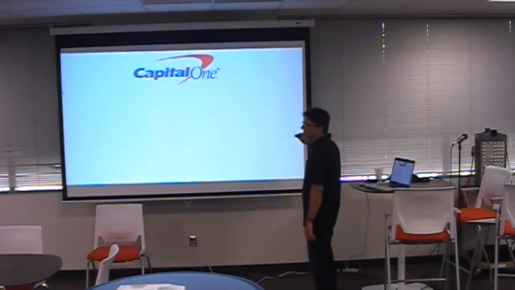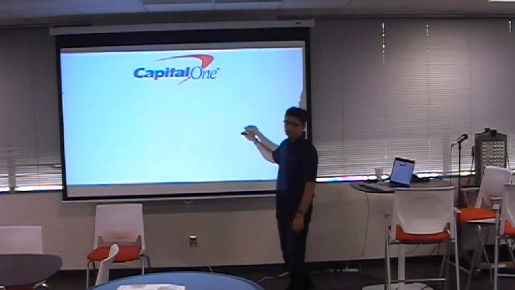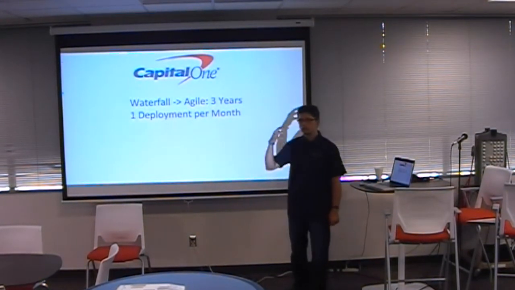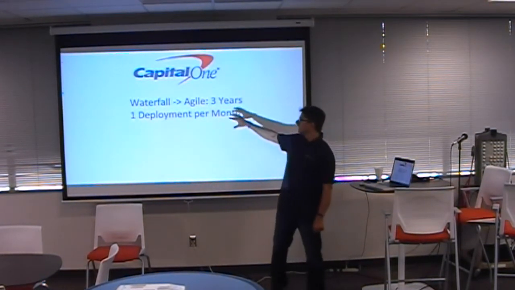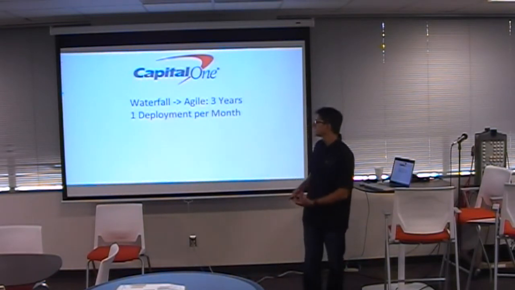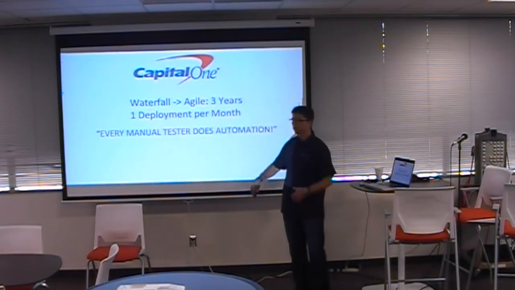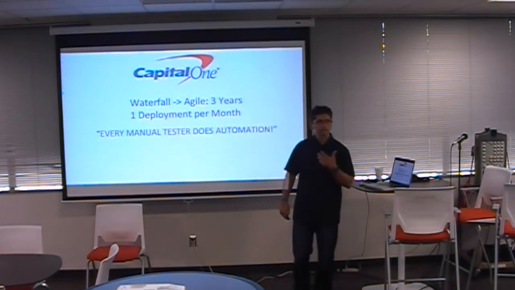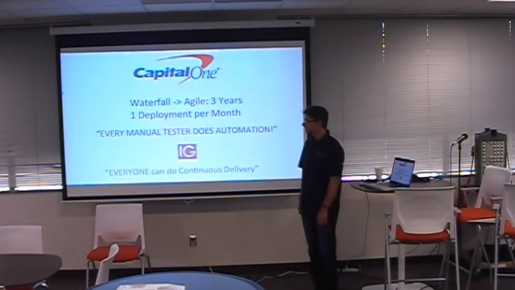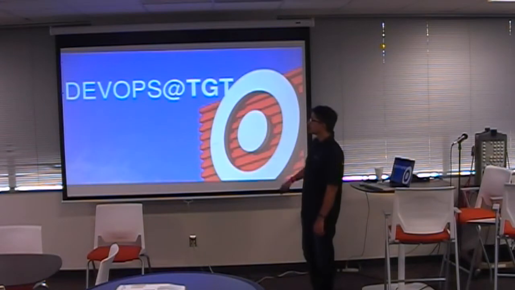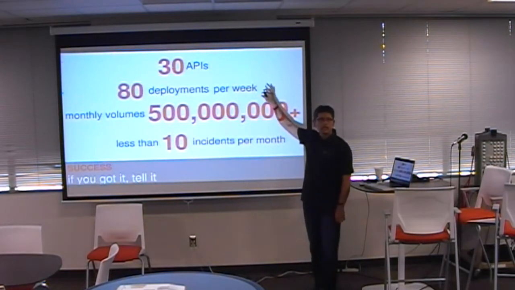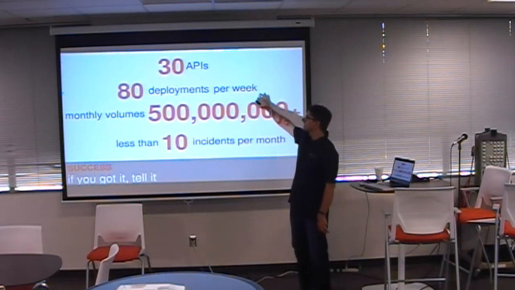Going back to some examples from our customer base, Capital One went from a waterfall approach of development, which took a long time, to agile mode, and it took them 3 years to do that. But with that, now they are doing one code deployment per month. When you look at DevOps at Target, what we are seeing is there are 30 APIs and a lot of deployments per week.